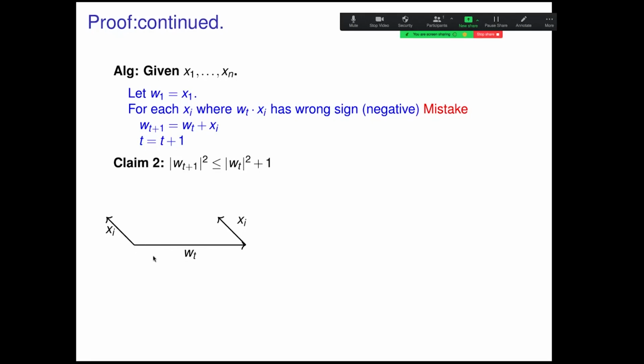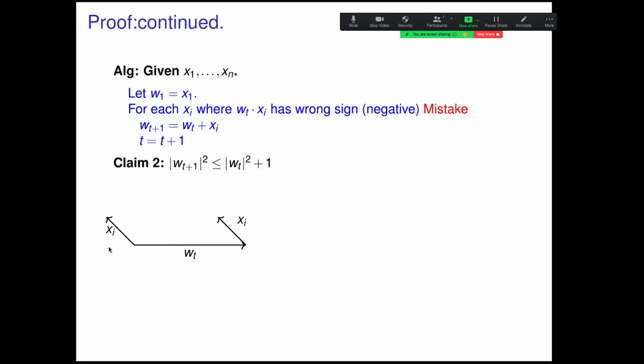XI dot WI is the projection in this direction. It's negative, right? So it's in this direction, so it's more than a right angle.